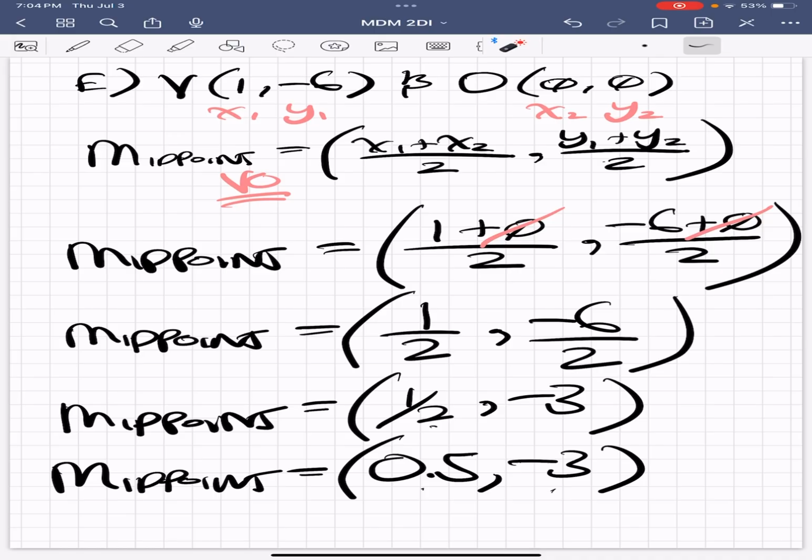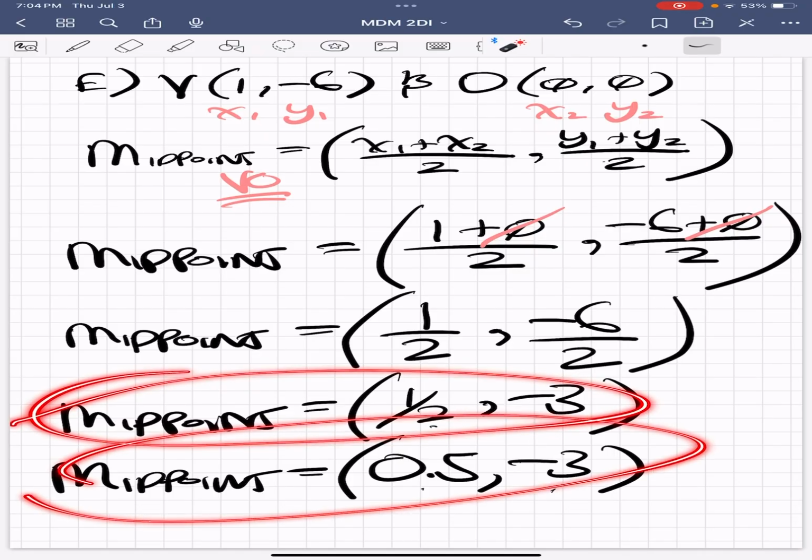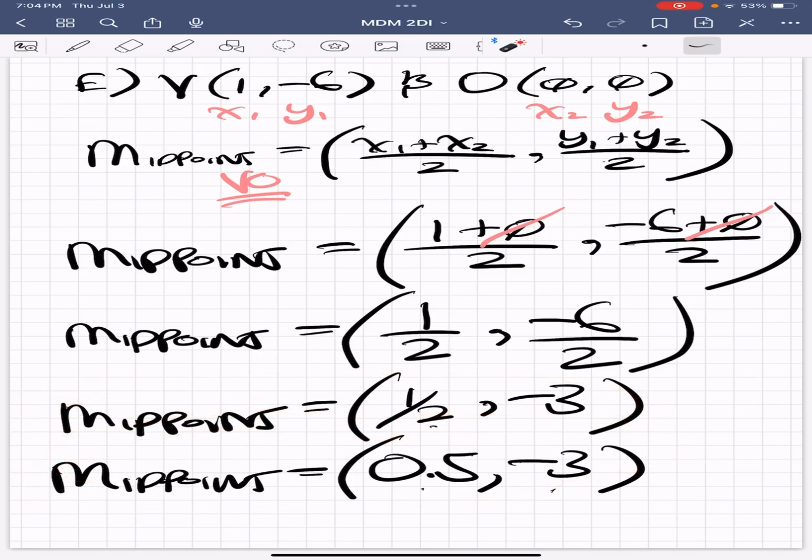So formula for the midpoint, and inputting values and coordinates into the midpoint formula. And then we reduce those fractions in division to a lowest form, changing it from improper fractions or fractions to decimal. So we have the decimal midpoint calculated and the fraction midpoint calculated. So this one's fraction and this one's decimal.